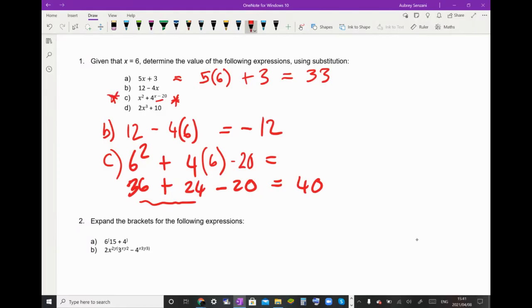That's how it was copied. But when I look in your work packs, it's actually x to the power 2 plus 4x minus 20. Does that make sense? So it just copied it wrongly, but this is what it should actually look like. Are you guys with me?